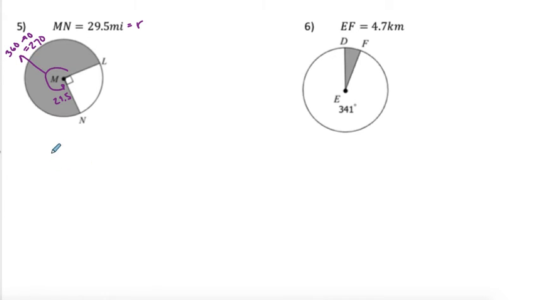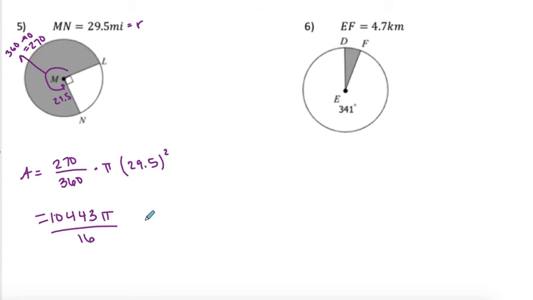And so on my calculator, I will take our 270 degrees out of 360 that we want, so we don't want the whole circle, and then times pi times 29.5 squared. And again, double check this on your calculator. I get 10,443 pi divided by 16 is my exact answer, measured in miles squared.